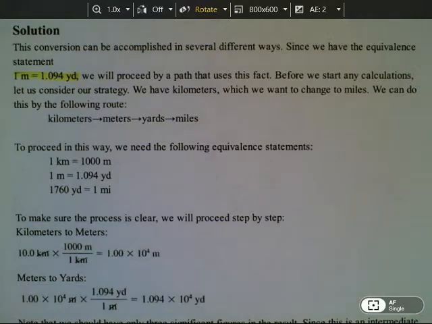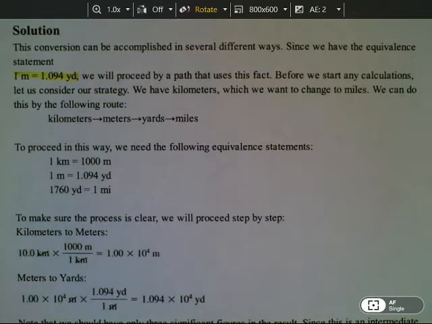Before we start any calculations, however, let us consider our strategy. Again, just imagine the strategy. You don't have to be able to see the answer, the end result, from the beginning, but just imagine the steps that you're going to take as you get there. We have kilometers. Again, we're given 10.0 kilometers.